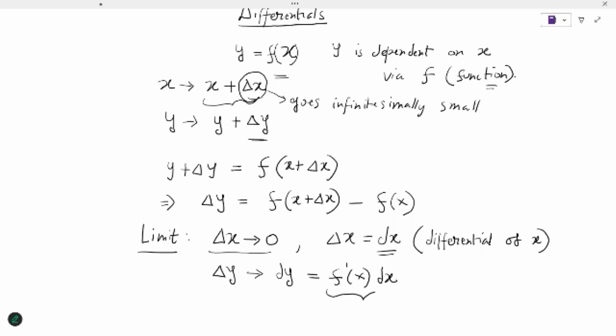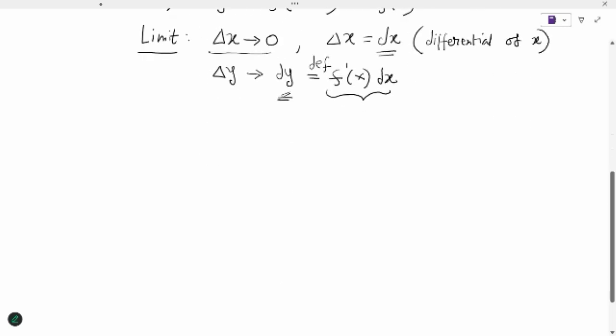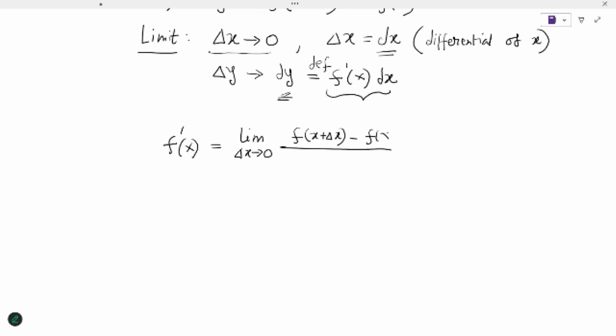We define delta y, that is the infinitesimally small change of y, as f prime x dx, where f prime x is the limit as delta x tends to 0 of f of x plus delta x minus f of x, divided by delta x. So this is our very definition of f prime.